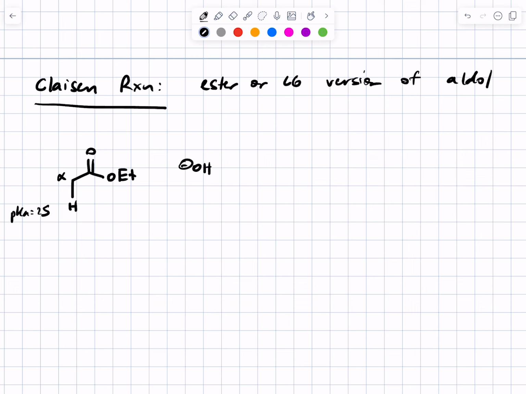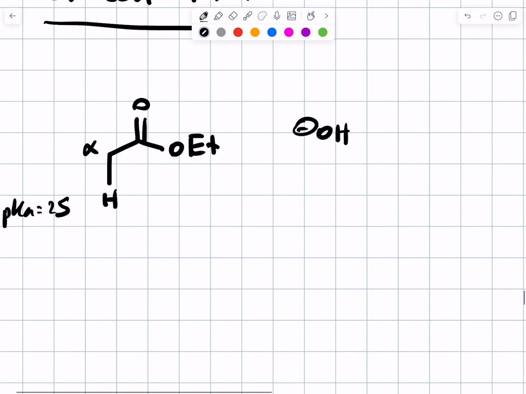Is that a good choice for a base to remove the alpha proton? Why not? It's not such an issue of the fact that it can't 100% remove the alpha proton. That was also an issue with the aldol reaction.